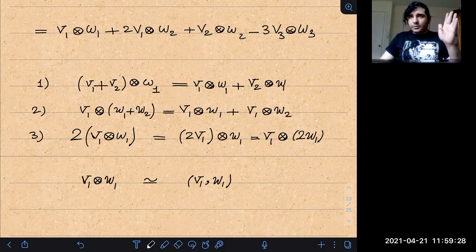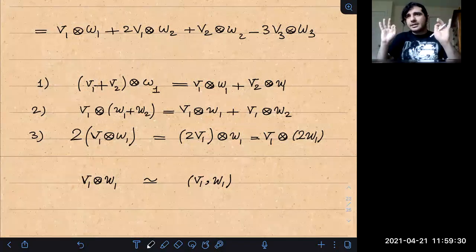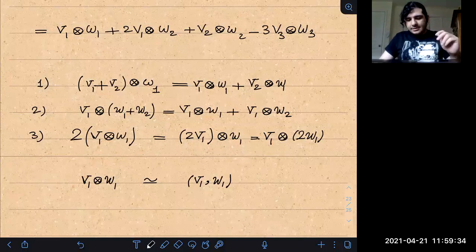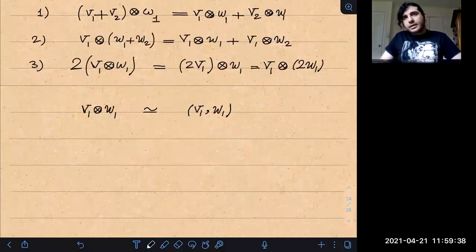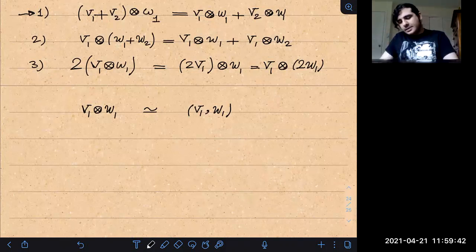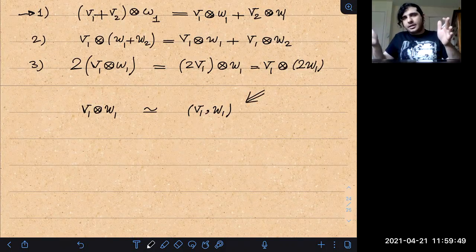But if you want to do that, you should understand there are small differences. What are those differences? So if I look at the first rule here, if I want to write that down using this notation, the notation of V1 and W1, that would be slightly confusing.